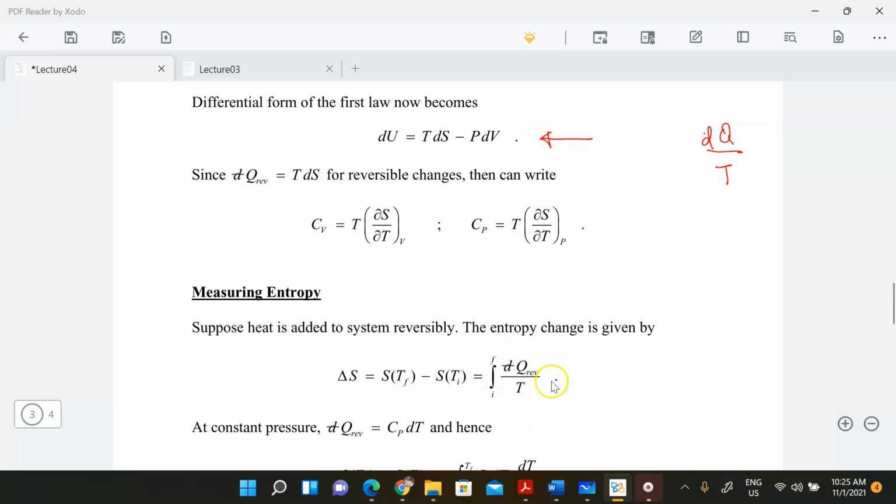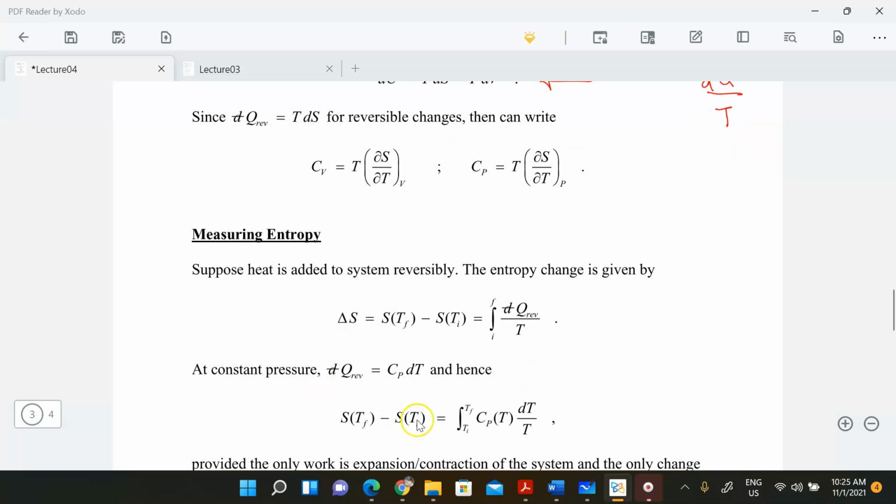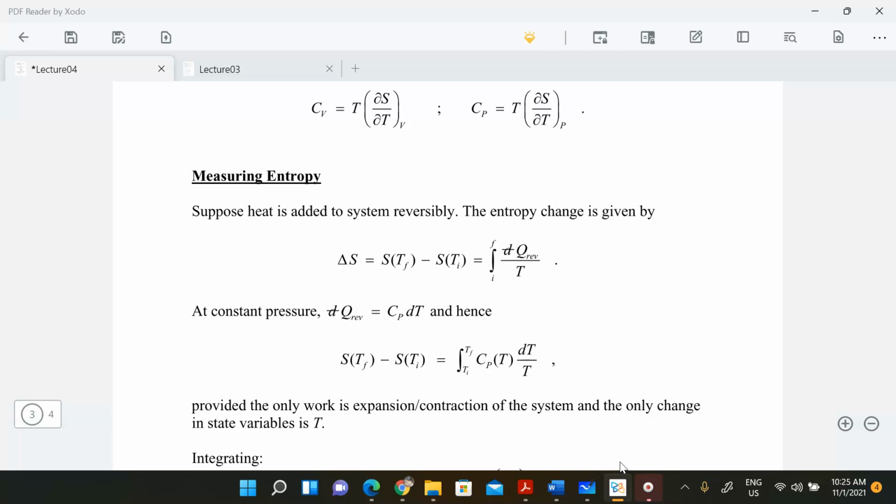This is well defined, and you remember at constant pressure you have this condition, dq over T, and then you have Cp there, so you replace that over here. That will give you the necessary formula to be able to measure entropy: you look at how these heat capacities as a function of T are integrated from the initial configuration to the final configuration.